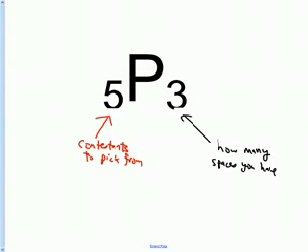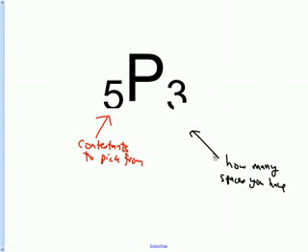So if this was 5P3, that could mean, for instance, that I've got 5 people running a race and there's 3 places that they could come in. All right? And P versus C is just the difference between permutation and combination, which is one, the order matters, the P, and the other one it doesn't.